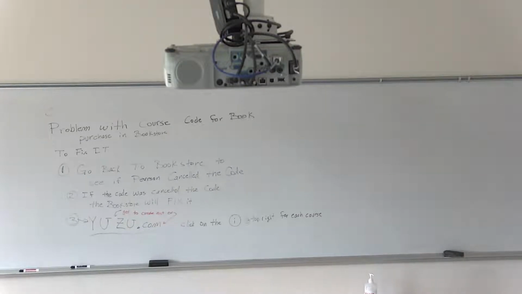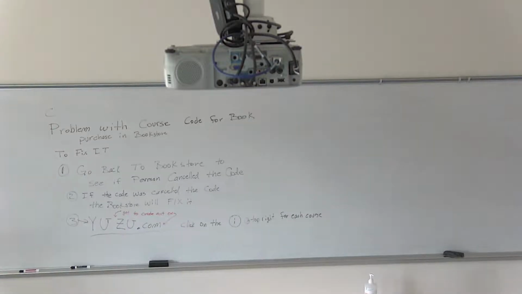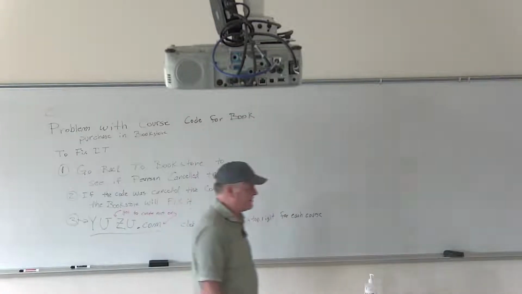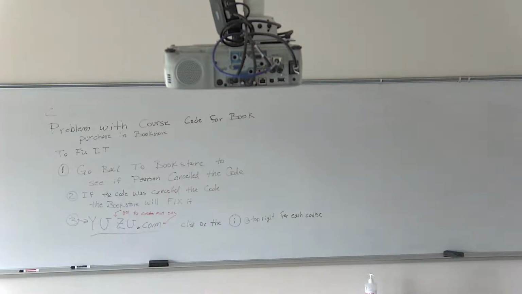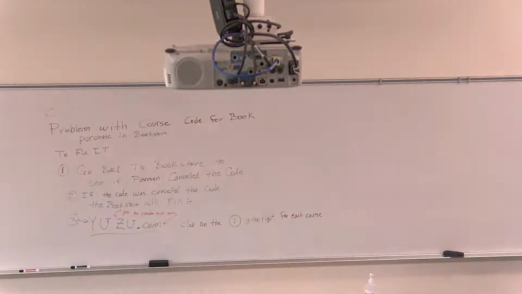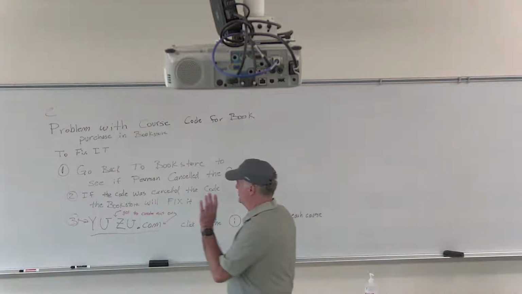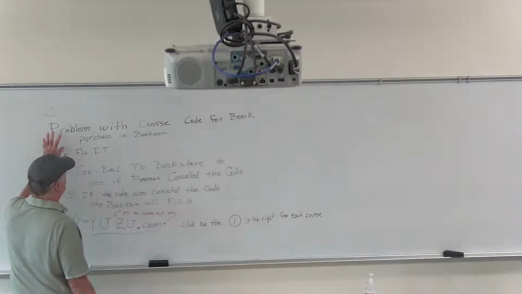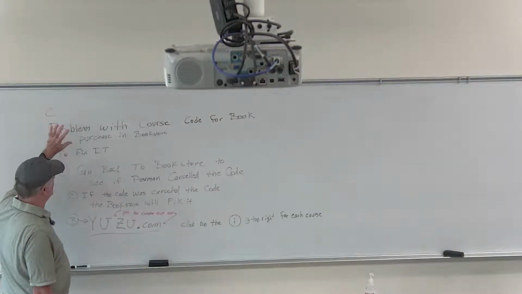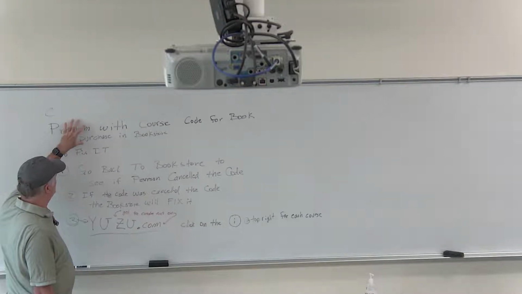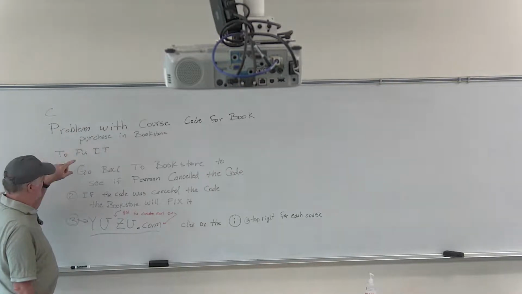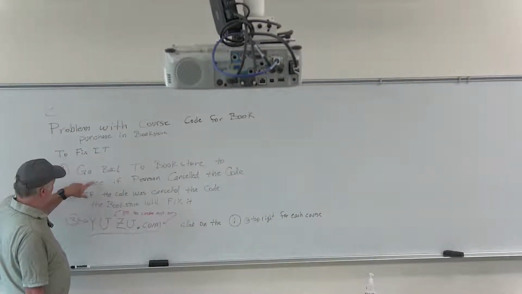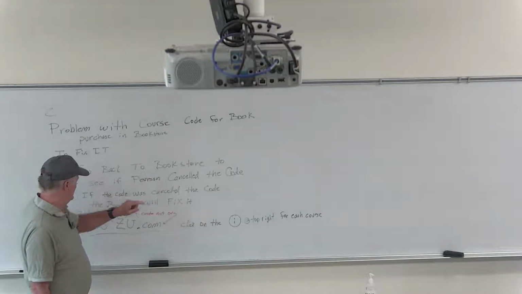Every button, push it harder, push it again, maybe push that button. This button, it varies from day to day. So the problem is you don't have a code, you got your code, it got canceled. You go back to the bookstore and they'll refund your money and you turn around and rebuy the same thing.